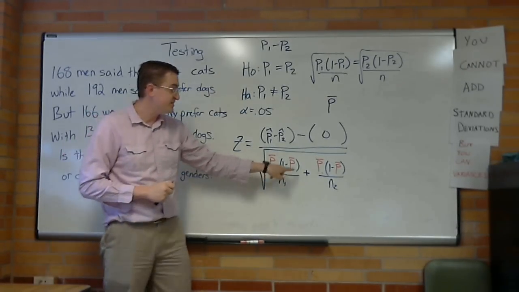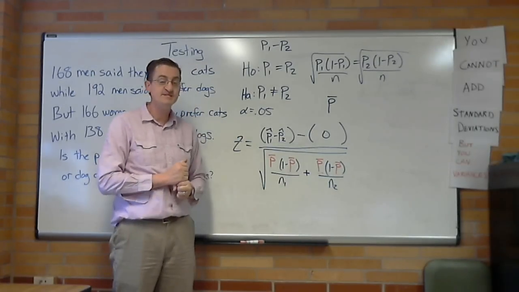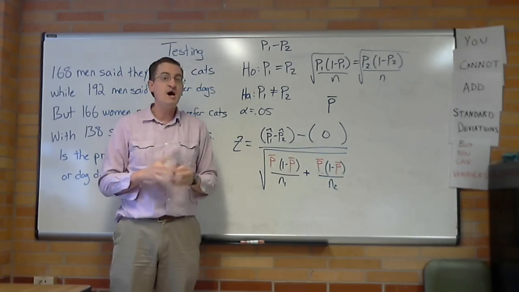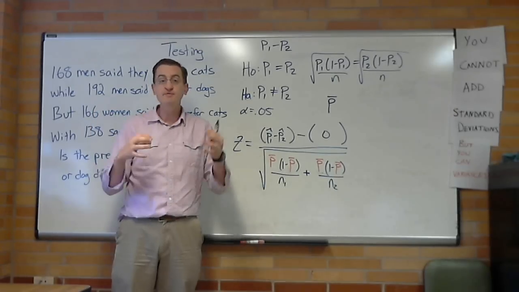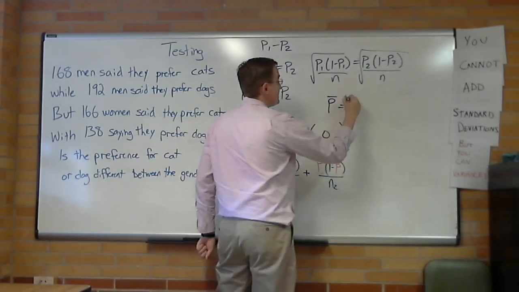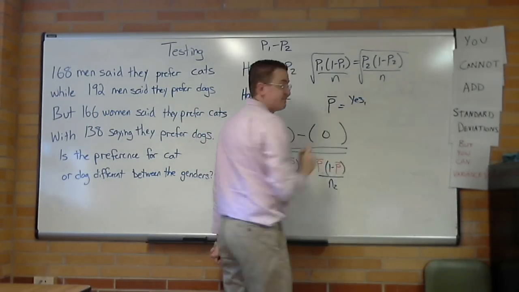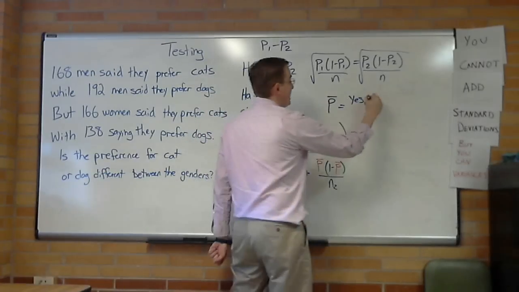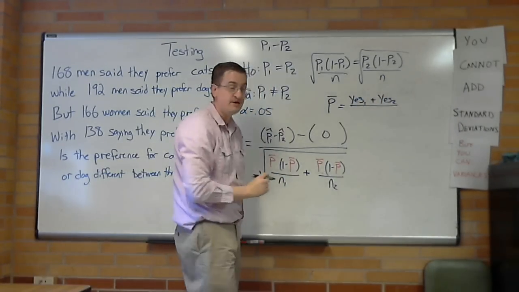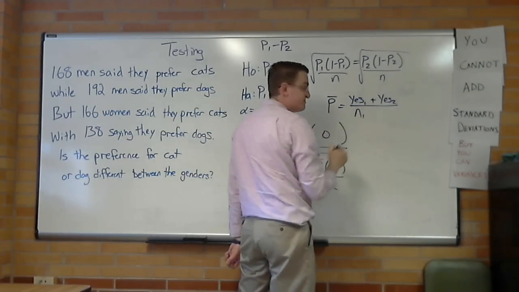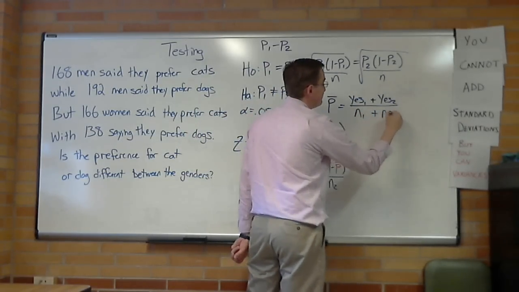We've got a p-bar that shows up 4 different places here. How do we get that p-bar? I'm pooling, it's called a pooled proportion. I'm pooling the men and the women together, and so I want to take how many people said yes for the first group, that would be the men, and how many people said yes for the second group, that would be the women. I'm going to divide it by the number of men and the number of women.